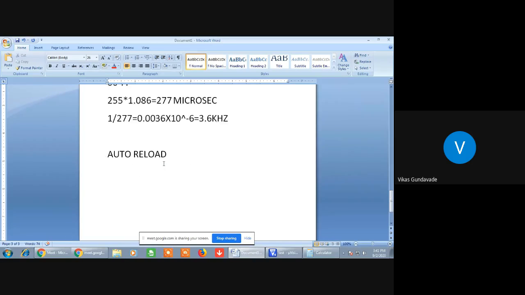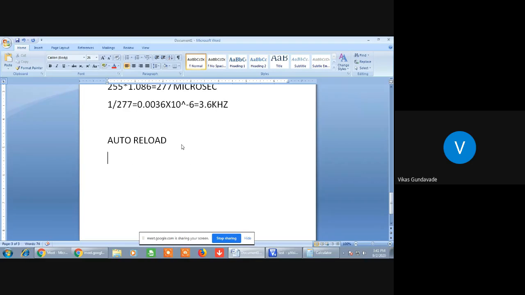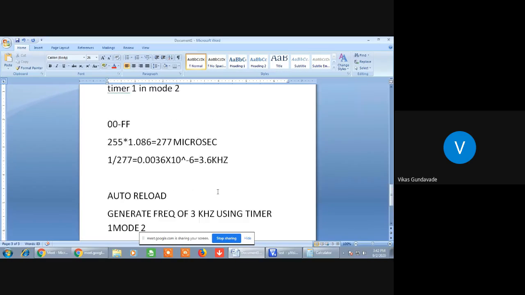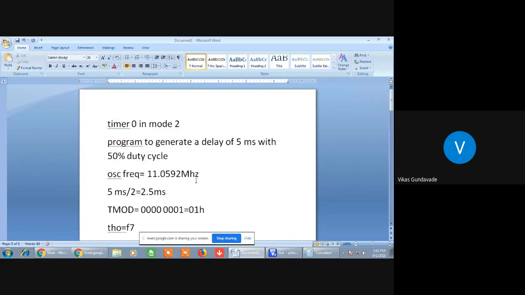So in this program, we will generate a frequency of 3 kilohertz using timer 1 in mode 2, that is auto reload mode. Oscillator frequency divided by 12 stays the same as it is.